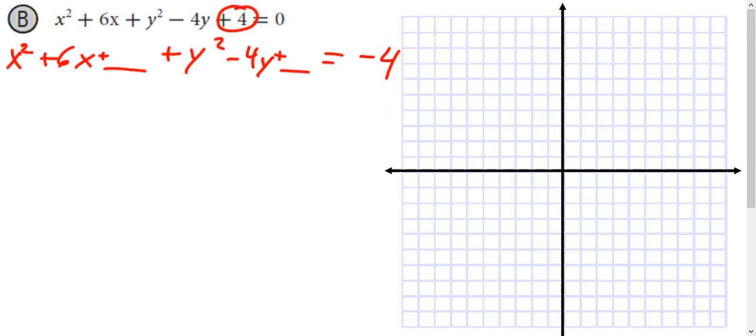So now we fill in those blanks and complete the square. To fill in this blank, we take 6 divided by 2 is 3, square it, we get 9. Since we're adding 9 here, we have to add 9 on the other side. So when we complete the square, we get x plus 3 squared.